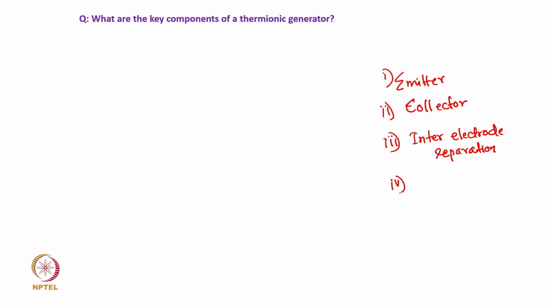And number 4 is the circuit, which is connected outside these two electrodes. Okay. So, these are the important components of a thermionic generator.